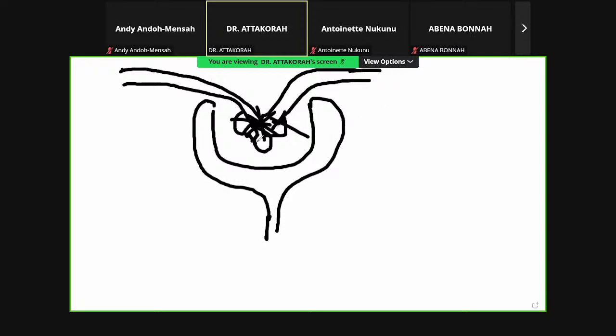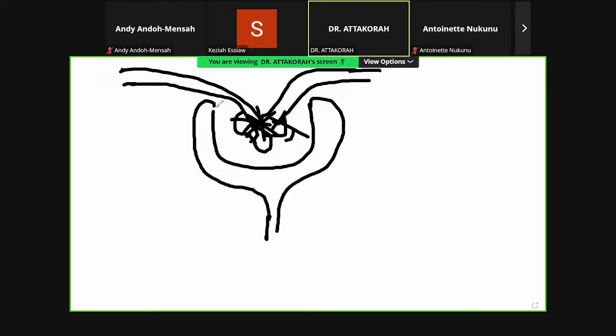Blood comes here, and there will be filtration via the podocytes. This filtration will go through this, and this will be the proximal convoluted tubule.